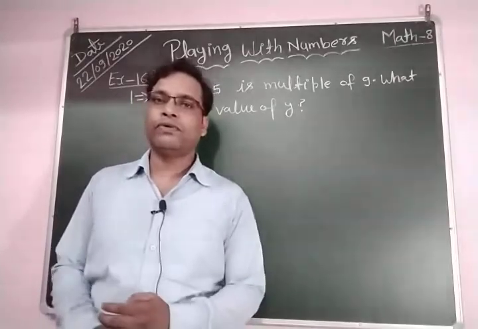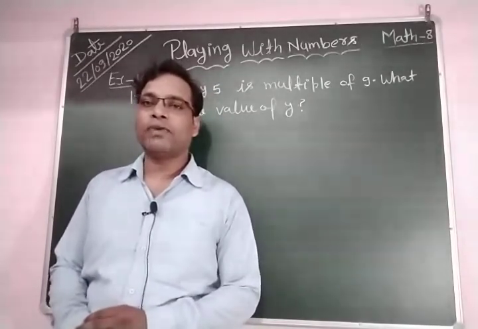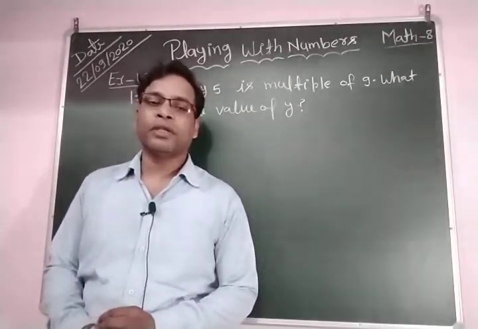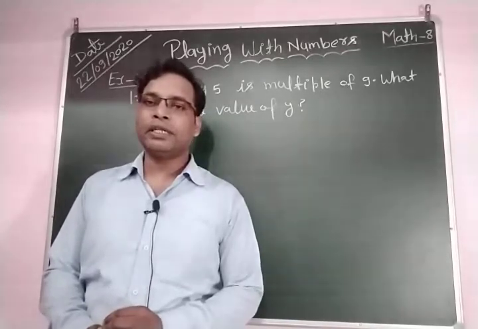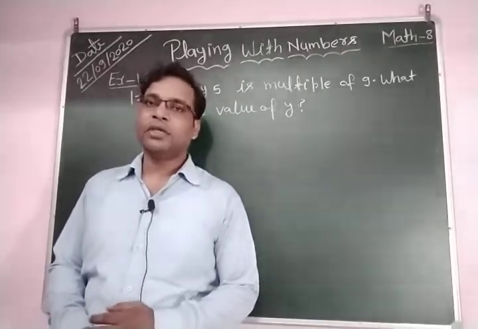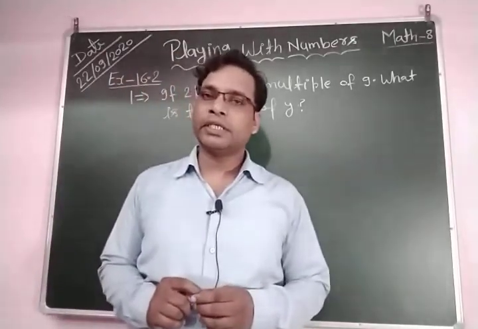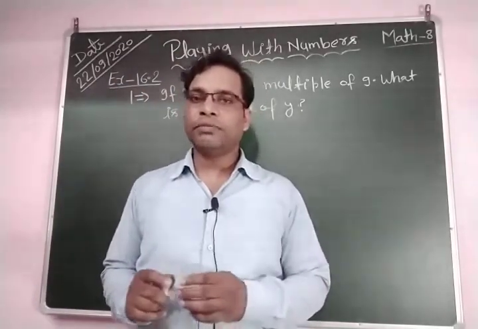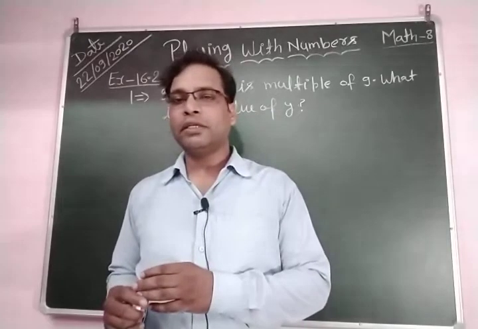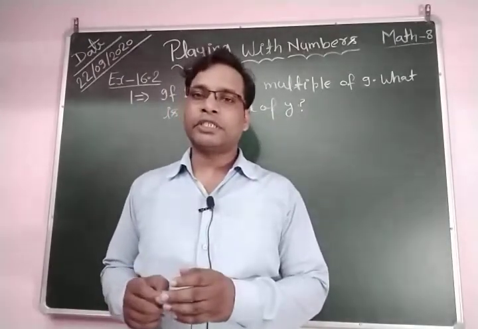So how to solve this and how to find the value of y? Because you know very well the divisibility test of 9. So first question arises here, what is the divisibility test of 9? On which numbers divisible by 9 and which numbers is not divisible by 9?